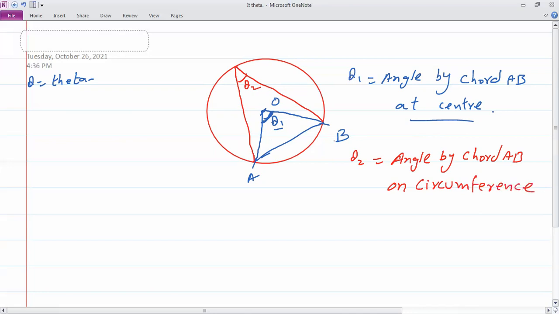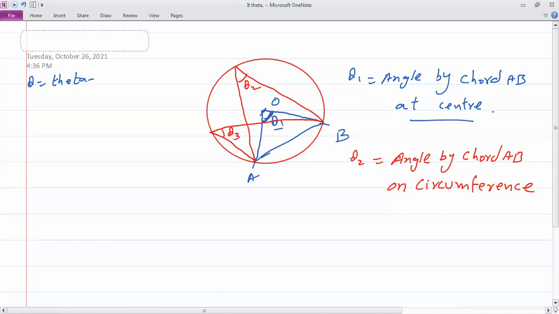Okay. Now you should understand these meanings. If I say angle by a chord at the center, you should understand what it means. If I say the angle by the chord on the circumference, you should understand that. In the same way, let's say I'm going to say this one. Again chord AB is making this angle.